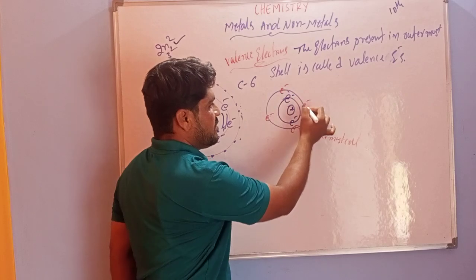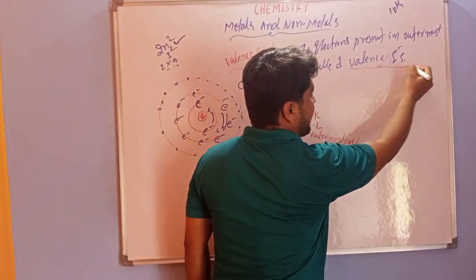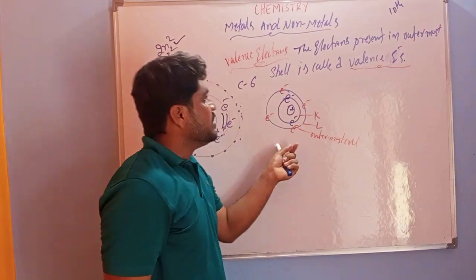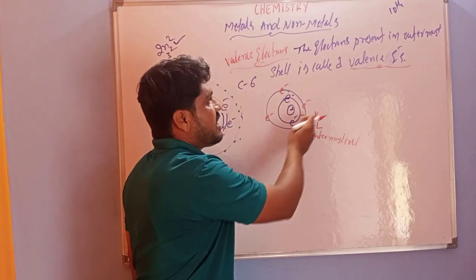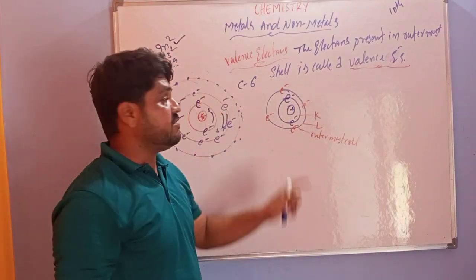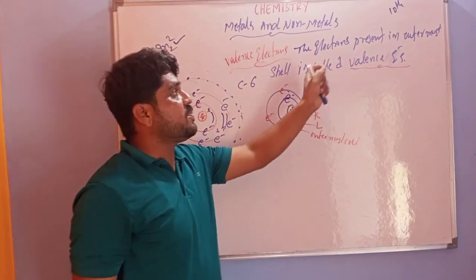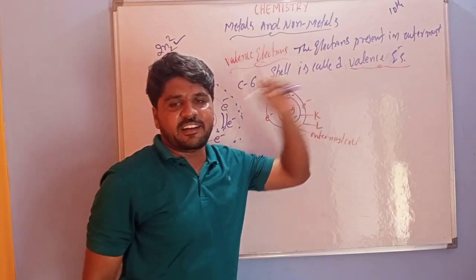The electrons present in the outermost shell we call valence electrons. Do you understand? This is very important. Valence electrons means the electrons present in the outermost shell.